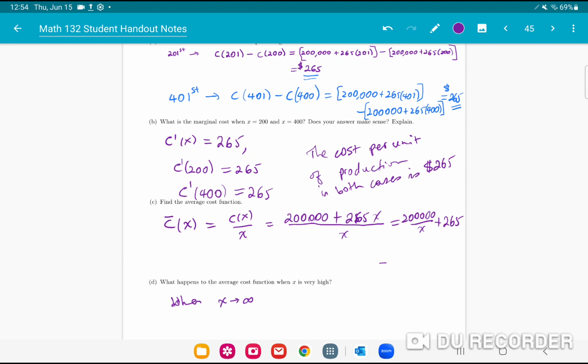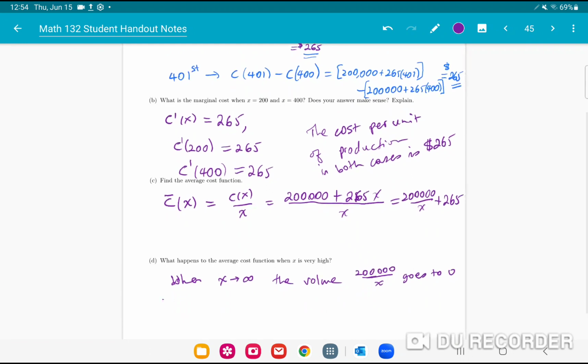So what happens as x goes to infinity? When x goes to infinity, the value 200,000 over x goes to 0. So what that means is the average cost approaches $265.